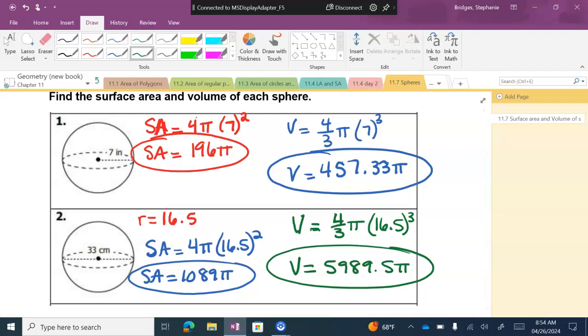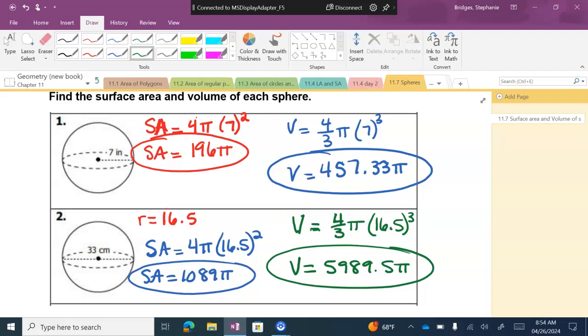Okay, I want you to try number 3. Everybody do number 3. Pick out your radius. Plug it in to your surface area.